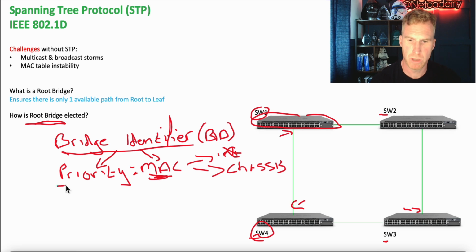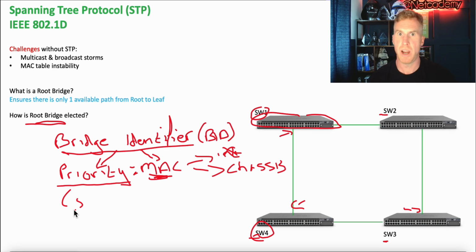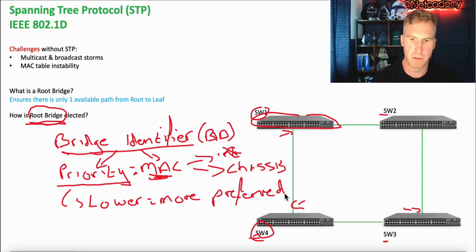And what's this priority value here? The priority value determines which bridge has better priority to be that root bridge. And typically, regardless of vendor, in the spanning tree protocol world, the lower the value, the more preferred. So if you've got a value of 0, for example, whatever that switch is, say it's SW4, that means SW4 will be the root bridge.